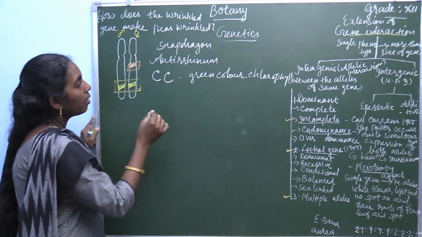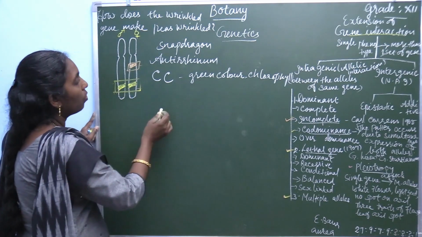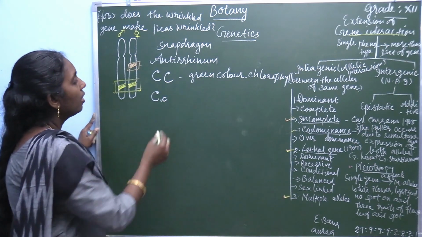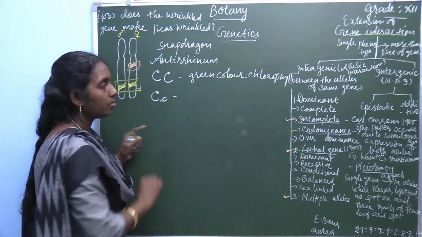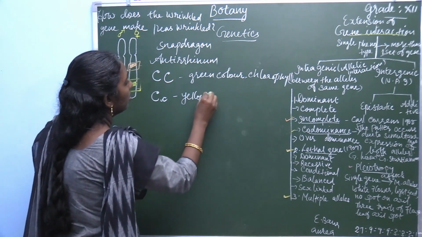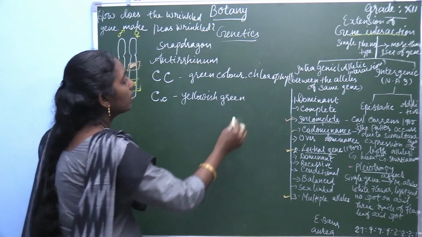And there are three different types of plants. First plant, green color with chlorophyll. Second type, capital C, small c, that is yellowish green with carotenoid.